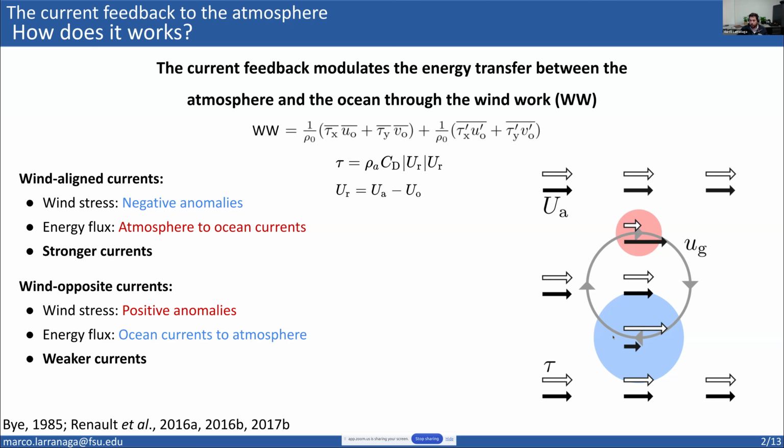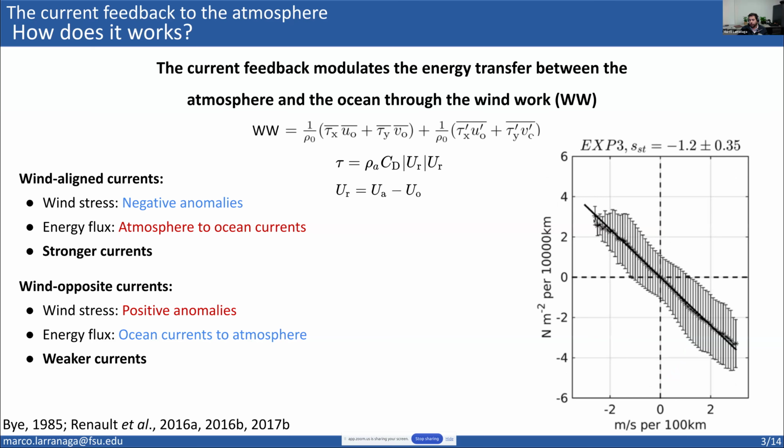If we pay attention here, for example, we have a clockwise eddy, and that eddy is going to induce counterclockwise wind stress curl anomalies. If we relate the current vorticity with the wind stress anomalies vorticity, we see there is a negative relationship.